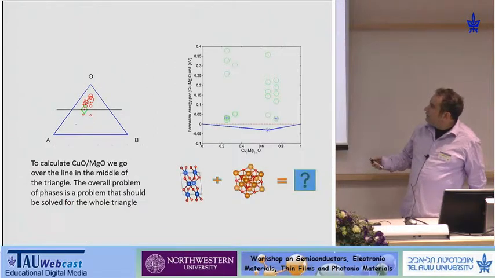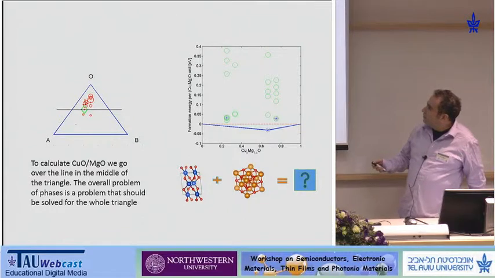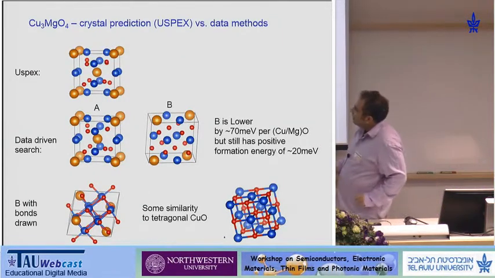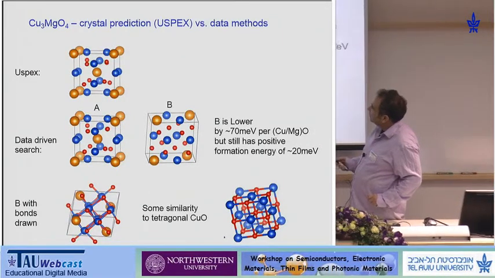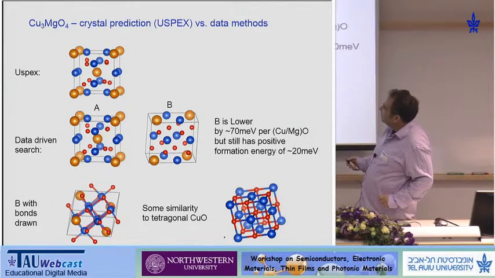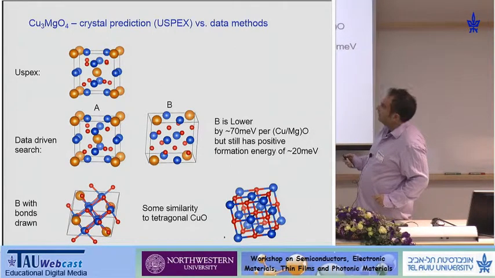And with this, we got back to this problem, and we actually managed to find a structure that is lower in energy than USPEX for this system. It is still positive in energy, so it's still metastable.